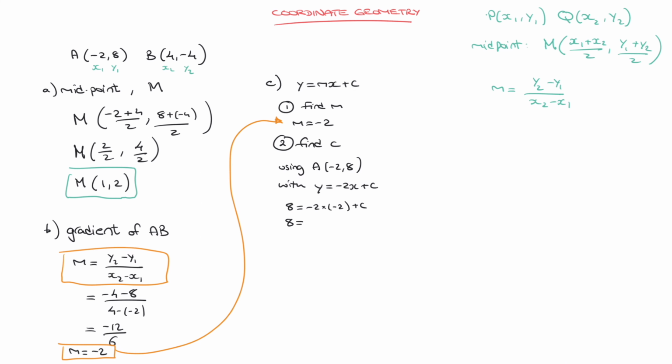That's 8 equals negative 2 times negative 2, which is 4, plus c. And subtracting 4 from both sides, we quickly find 4 equals c. In other words, c equals 4. And so combining the fact that m equals negative 2 with the fact that c equals 4, we can state this line's equation as y equals negative 2x plus 4. And that would be the answer there.